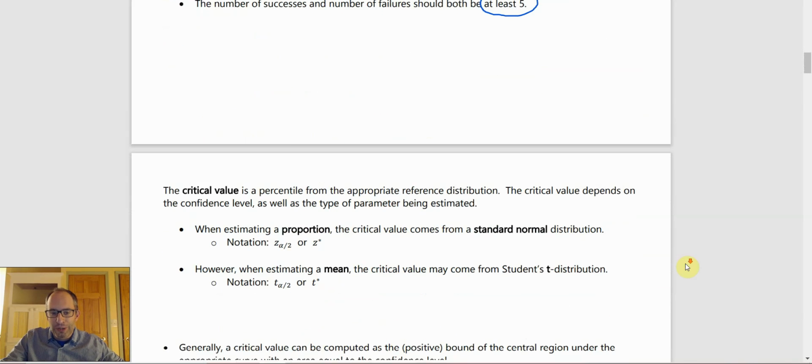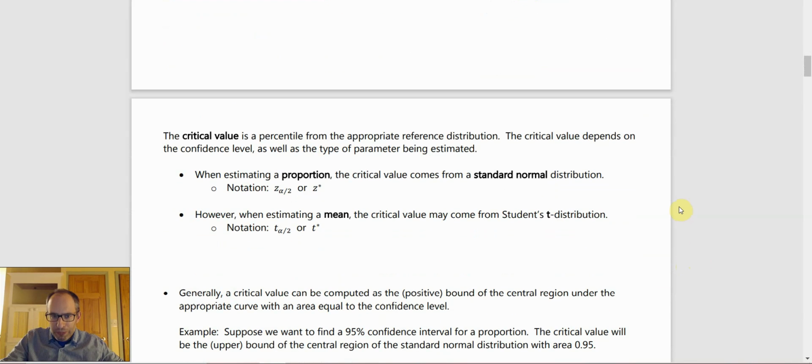Next, the critical value, where does that come from? Well, we know that it's somehow related to the confidence level, right? If you have a different confidence level, you're going to have a different critical value. Yes, that is true. Basically what happens is if you have a big enough sample size, then you can apply the central limit theorem and say the sampling distribution is approximately normal, and then you go from there.